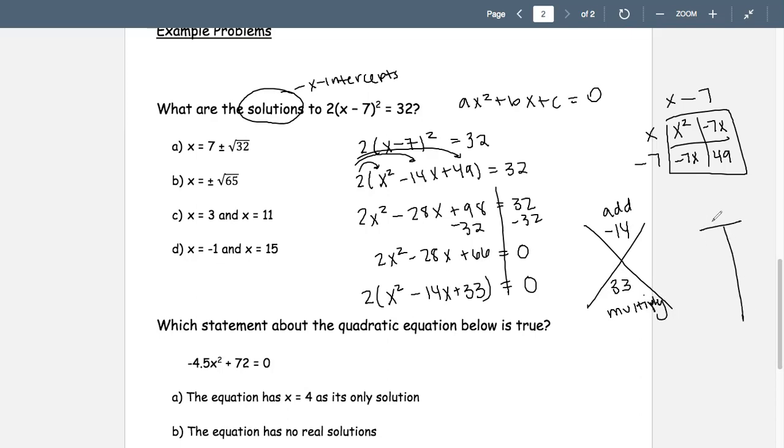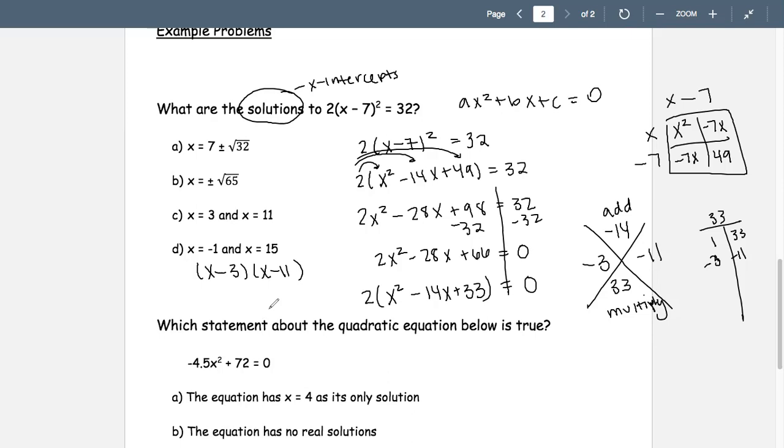And if I write out the factors of 33, 1 and 33, 11 and 3, right? Well, that's my answer. It'd be negative 11, negative 3, because it's adding to give me a negative, but multiplying to give me a positive. So negative 3 and negative 11. So my two factors are x minus 3, x minus 11.